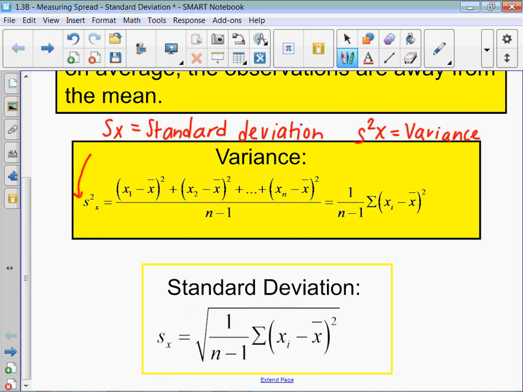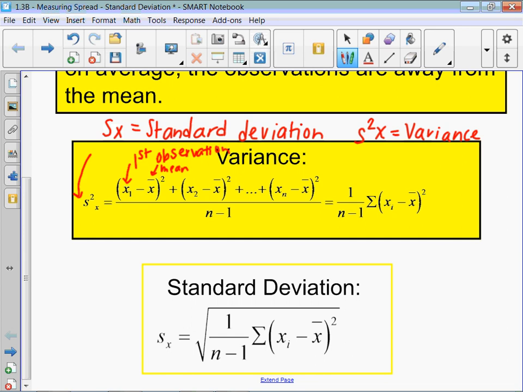The first thing you have to find is the mean whenever you're doing variance and then standard deviation. And what this formula is telling us is you're going to take your first data point. This is the first observation. And then you're going to subtract the mean. This is x bar right here.